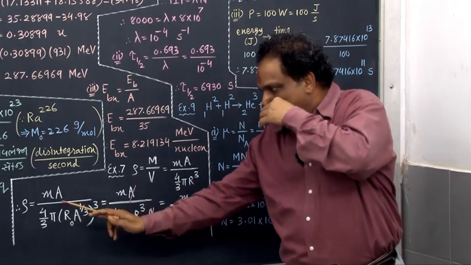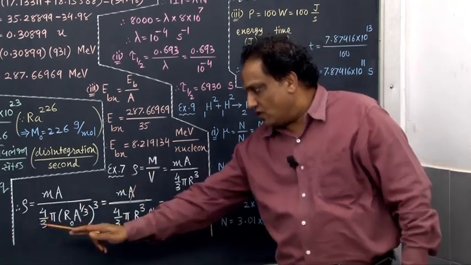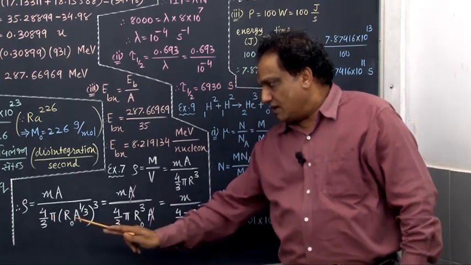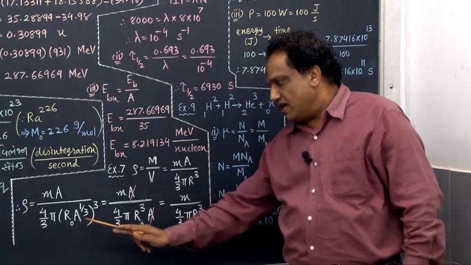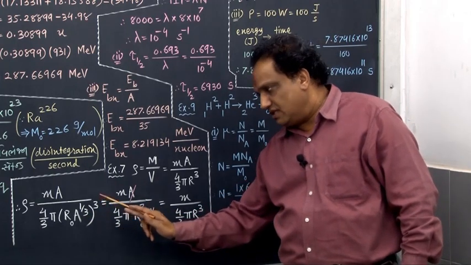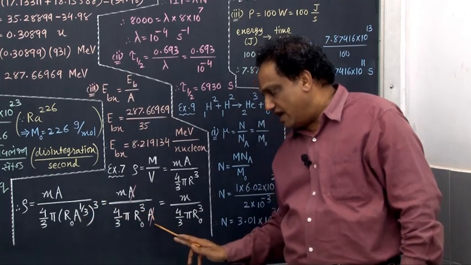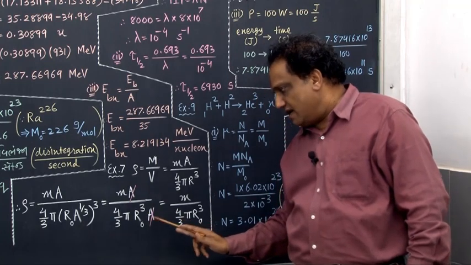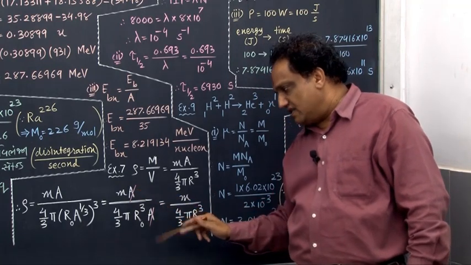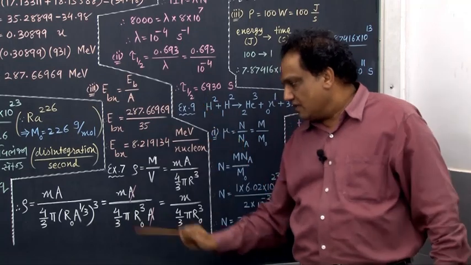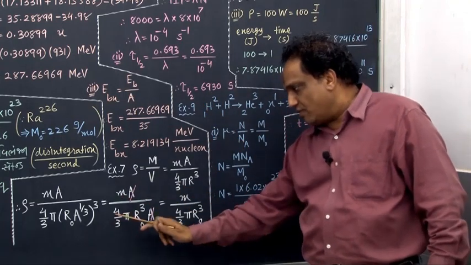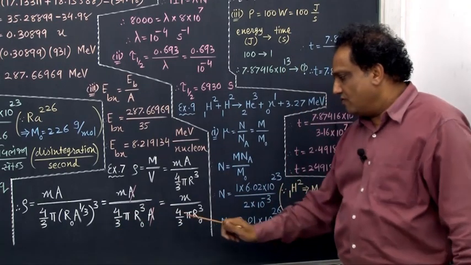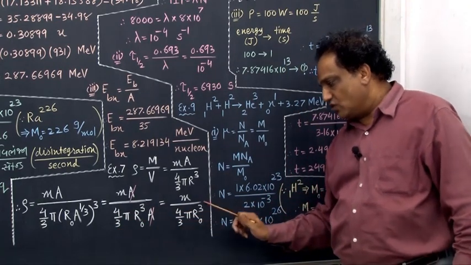So m into A, 4 upon 3 pi, R0 cube. But A raised to 1 by 3, whole raised to 3, the 3 will cancel, giving only A. Now this A and this A get cancelled from numerator and denominator. Left in the numerator is only small m, divided by 4 upon 3 pi R0 cube.